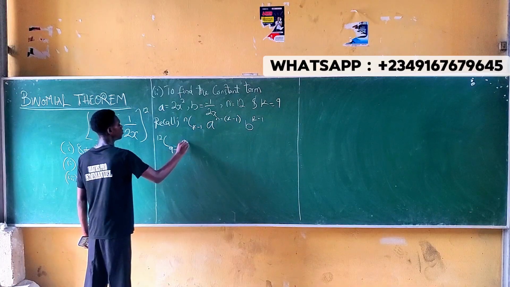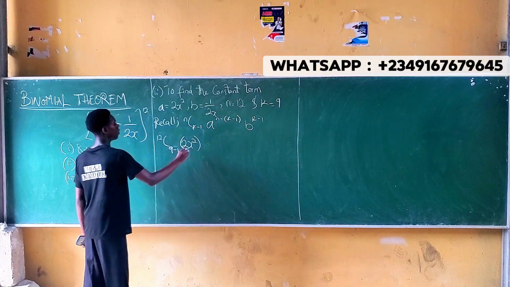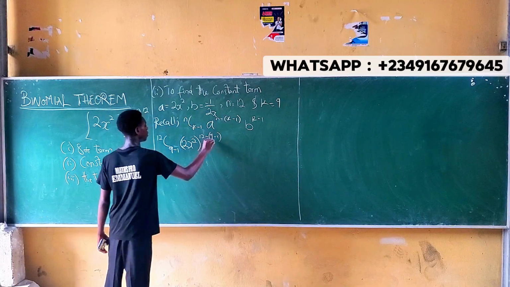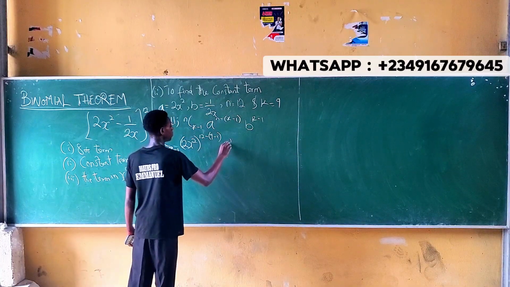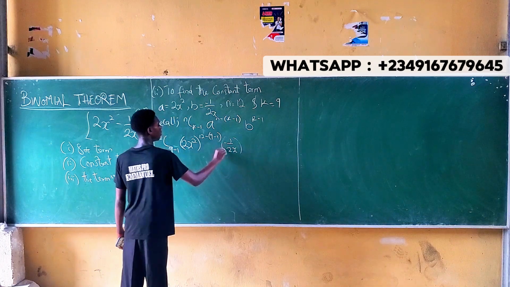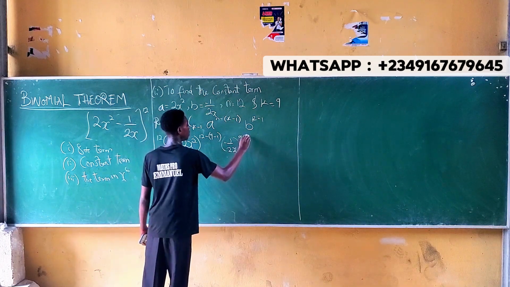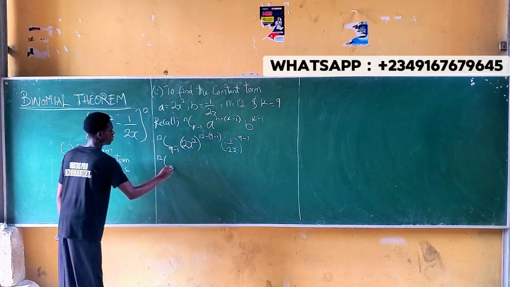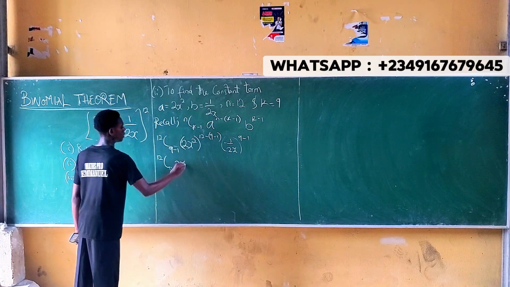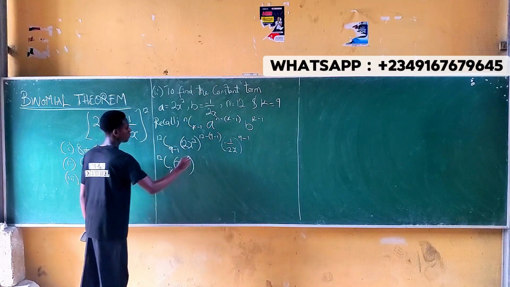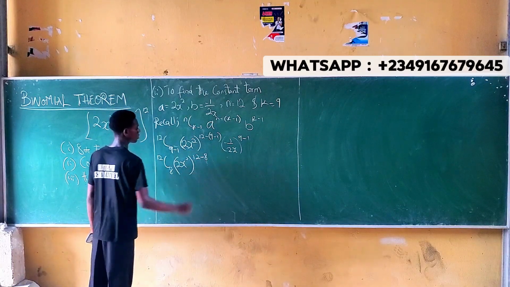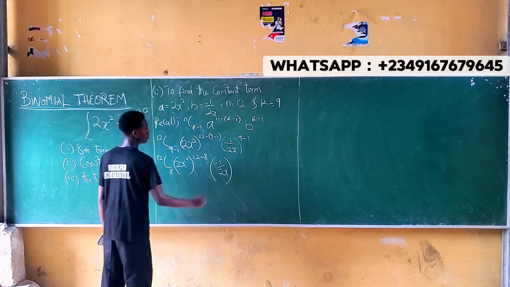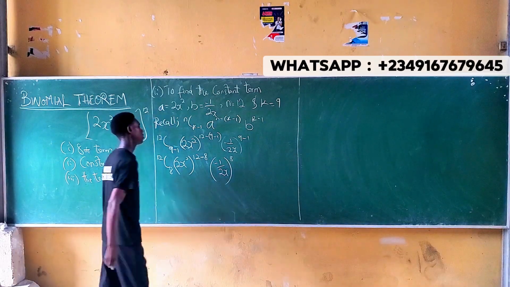A is 2x squared, all raised to the power of 12 minus 9 minus 1. Then b is minus 1 over 2x, all raised to the power of 9 minus 1. So I'll have 12 combination 8, 2x squared, all raised to the power of 12 minus 8, minus 1 over 2x, all raised to the power of 8.